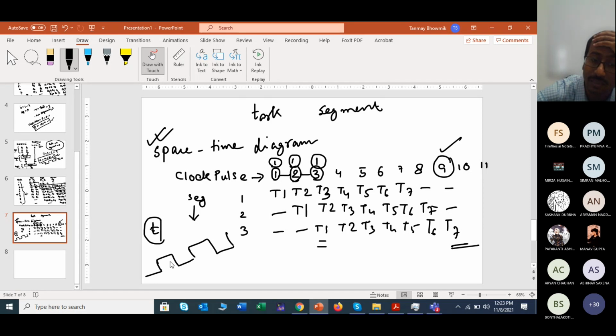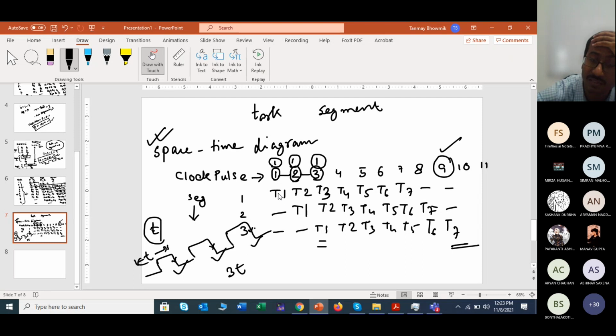So if you are checking the negative edge clock pulse, it will be like this. Write it this way. Now you can say that this whole duration is t. And how many pulses are we thinking about? 3 pulses, that means 1 pulse, 2 pulse, 3 pulse. So the total duration will be t plus t plus t, that means 3t.